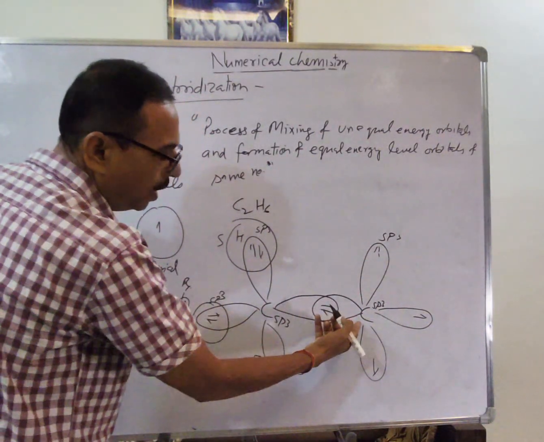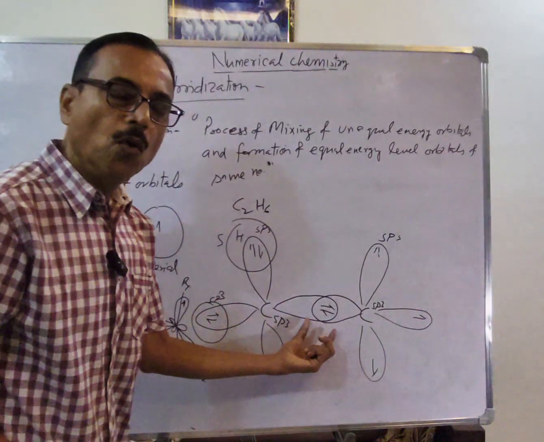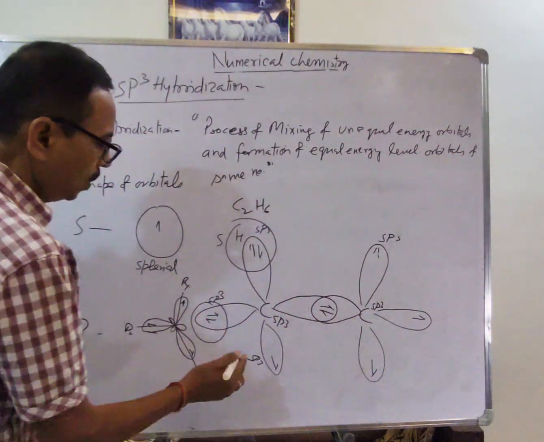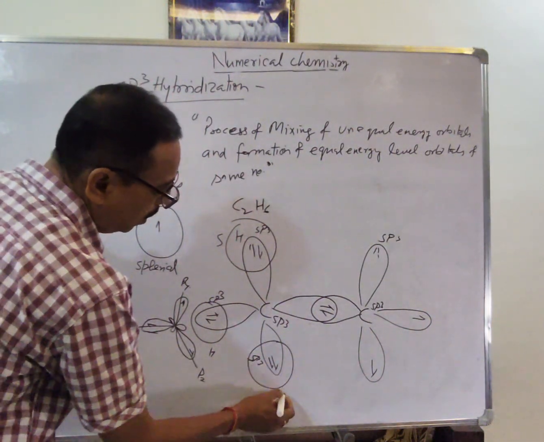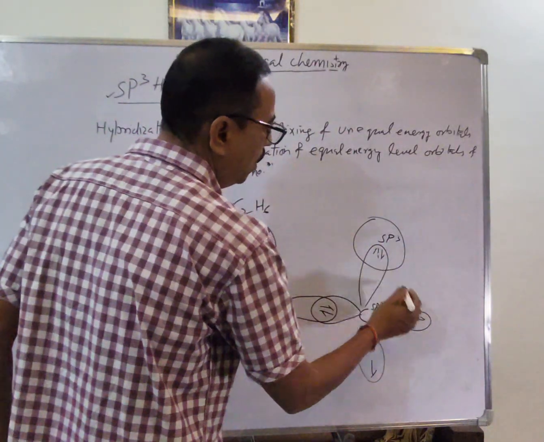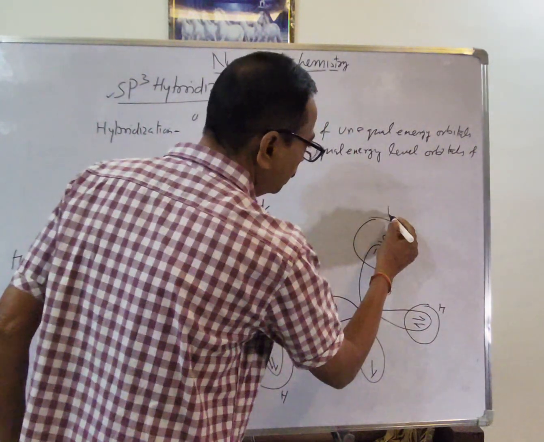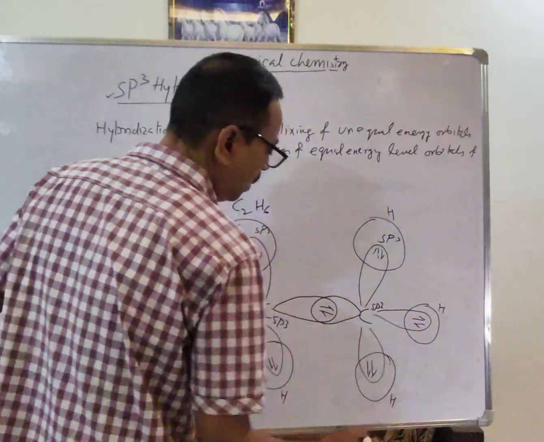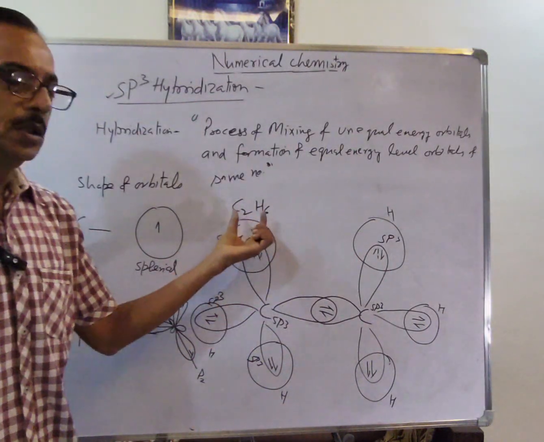One hybrid orbital of the carbon atom is used for each bond. So this is the covalent bond between sp3 and sp3 hybrids. Here again hydrogen forms the bond, and again here hydrogen forms the bond. So this is the structure of C2H6.